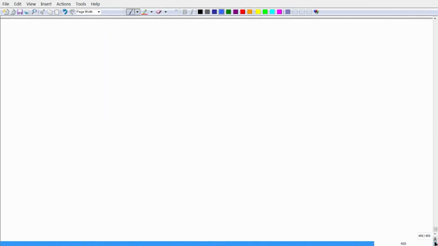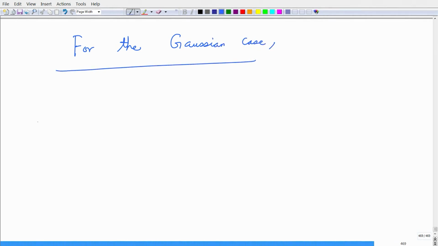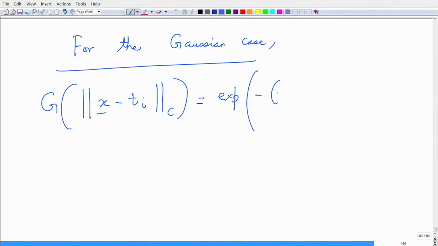There is a more familiar example which is based on the Gaussian case. For the Gaussian case, we can have Green's function over these weighted norm of data points, and this can be written in the form exponential of x minus ti transposed times sigma inverse times x minus ti, and this is the familiar covariance matrix.